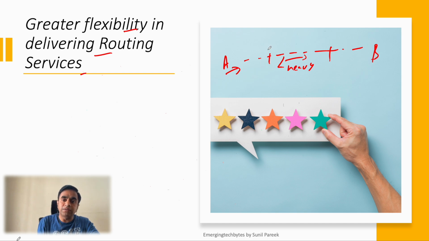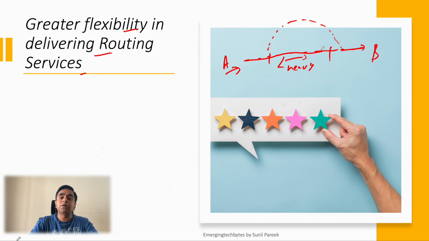So there is a detour, let's say, which just meets at this point and you can directly reach B. But this is the shortest path. The path that I have drawn in solid is the shortest path. So your routing protocol, if you think from that perspective, will always take this path even though it is congested.